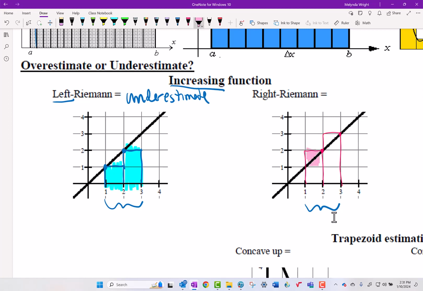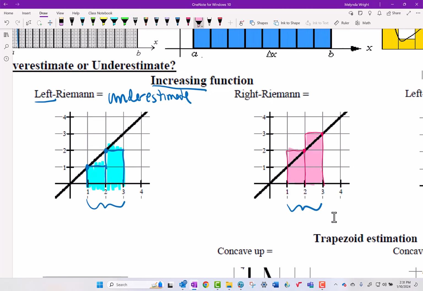And we would be finding all of this area right here and using it to approximate the area under the curve. So if I have an increasing function and I'm using a right Riemann sum, is that going to be an over or an underestimate? It's an overestimate. We can see visually why it would be so.